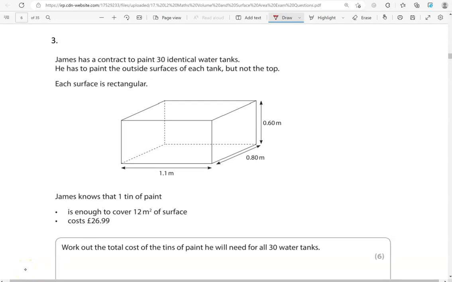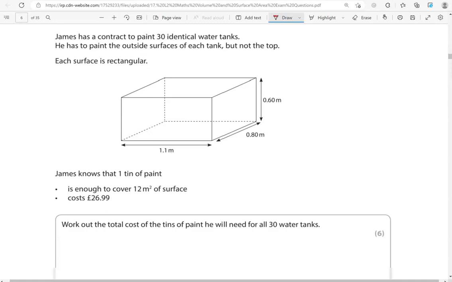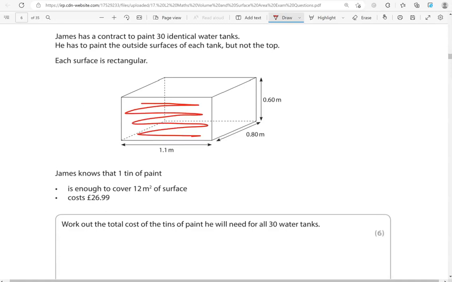Okay, so we've got the dimensions: 1.1 meters, 0.80 meters and 0.60 meters. So let's take each of the faces in turn. Looking at the front, to work out that area, we'll do 1.1 times 0.60, because that's what the height is equal to.